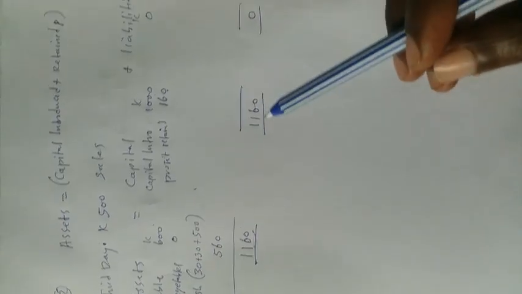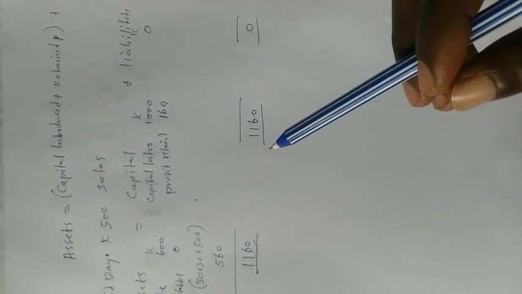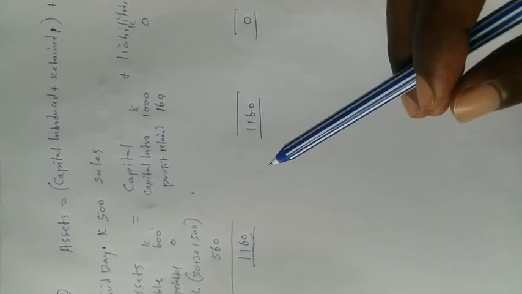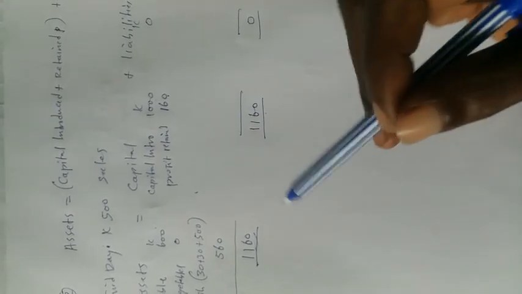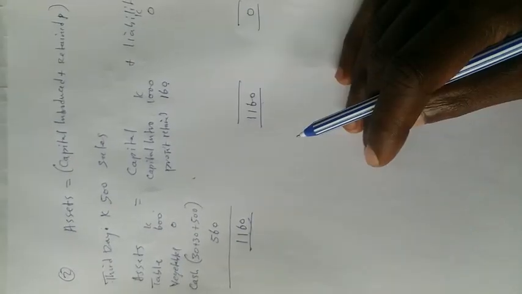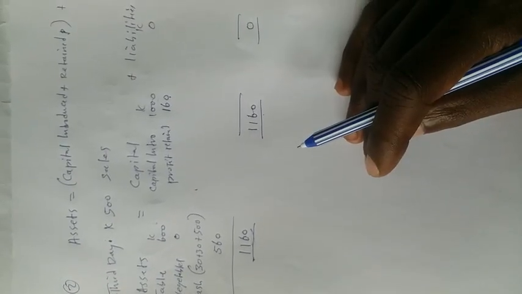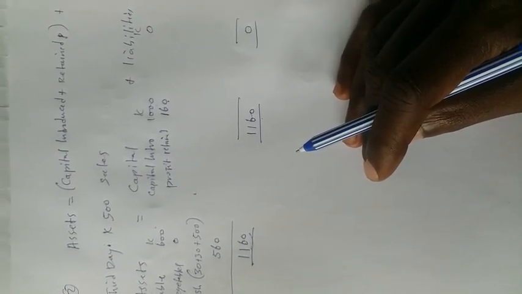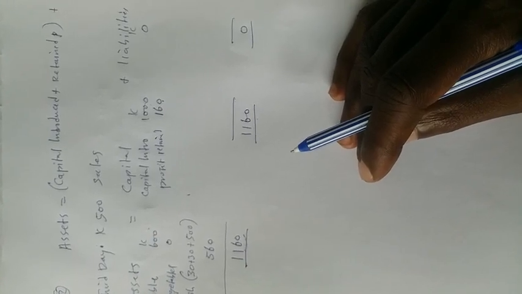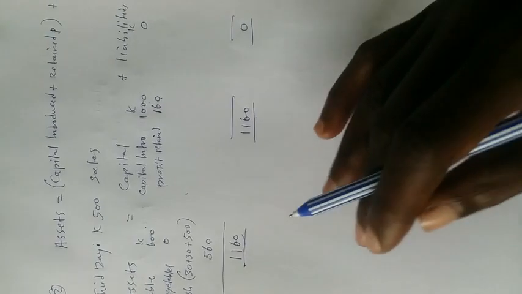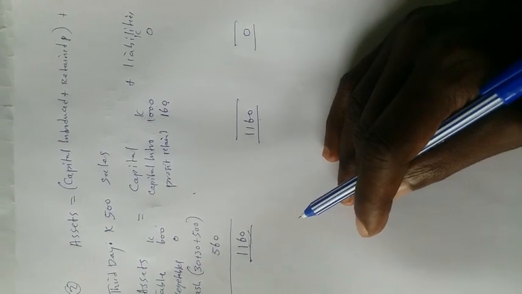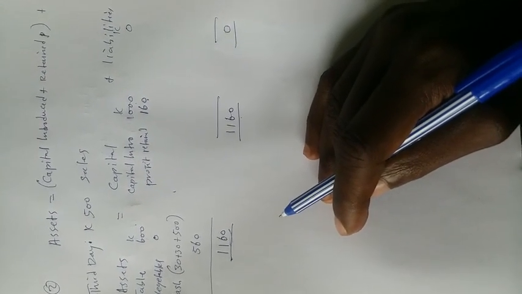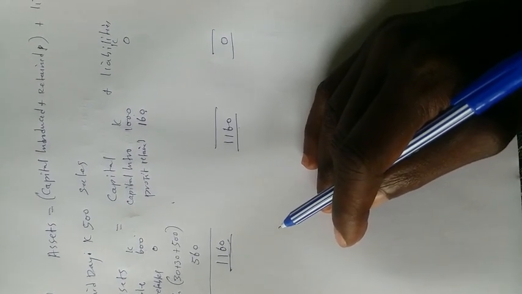Okay, so let's look at the third equation. I'm sure the fourth one you will be able to do, because by then you would have grasped the concept that I'm trying to explain, as in how the accounting equations are introduced.